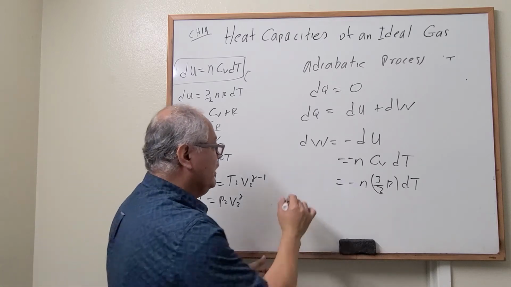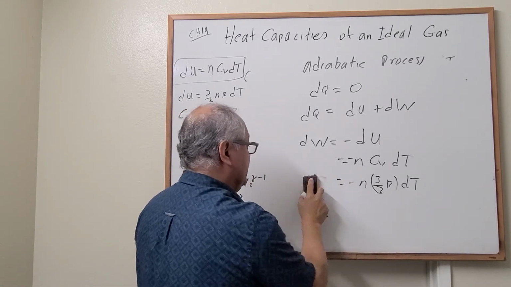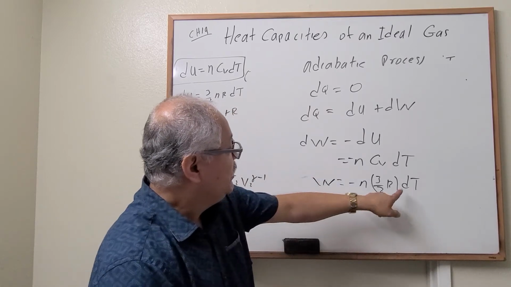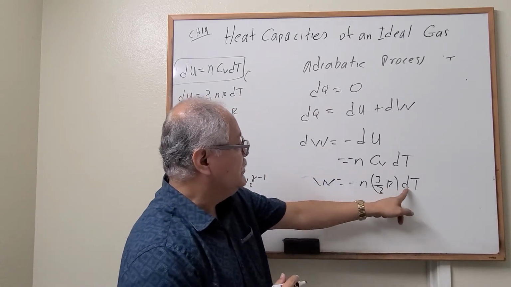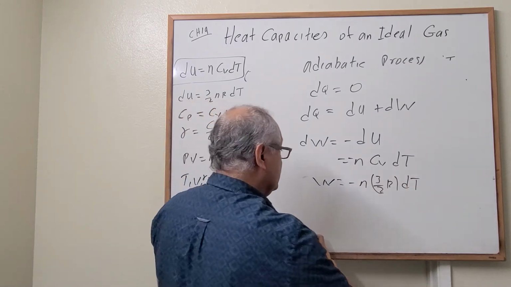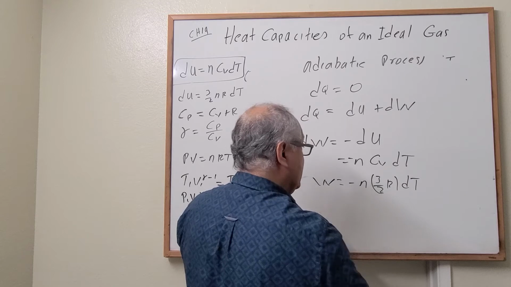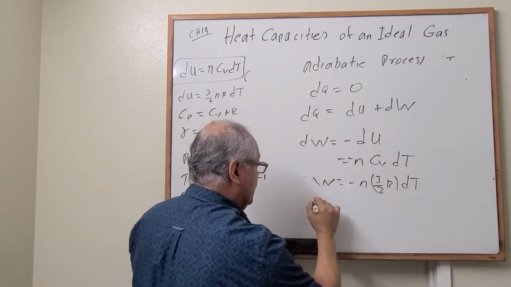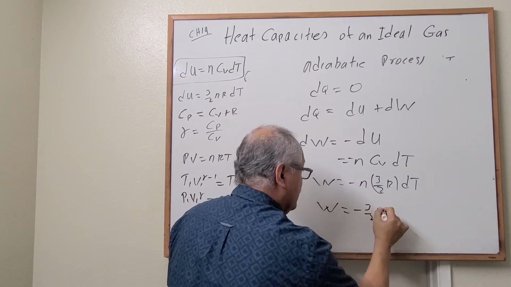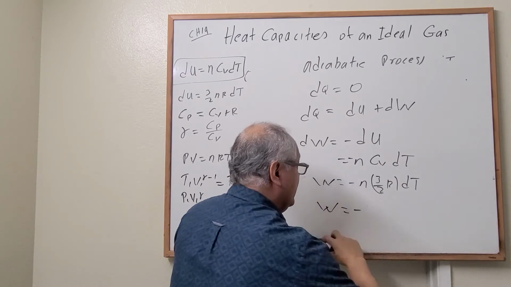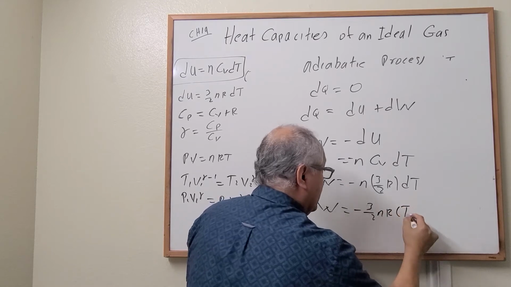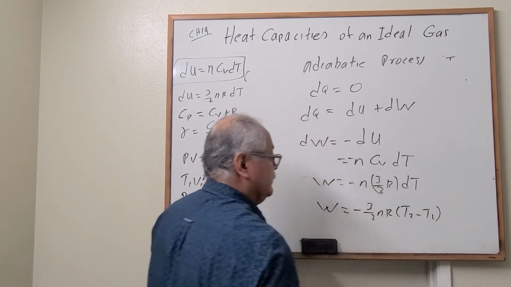Or we can write work in this way, equal to the change right here, just using T1 minus T2. Okay, we can use it in this way, or we can go again to negative 3/2 nR times T2 minus T1.